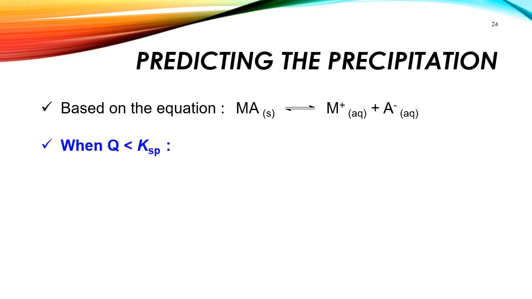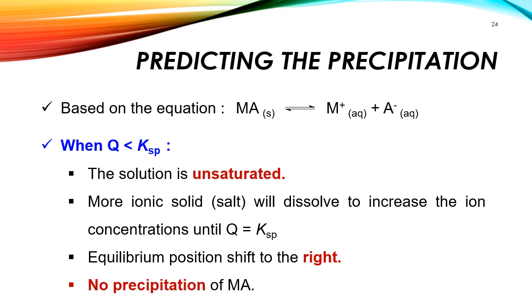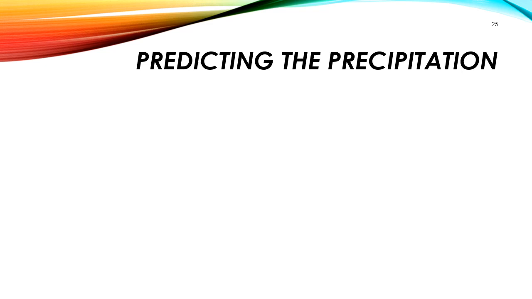When Q is less than Ksp, the solution is unsaturated. More ionic solid or salt will dissolve to increase the ion concentrations until Q equals Ksp. The equilibrium position will shift to the right, thus no precipitation of the MA soluble salt.